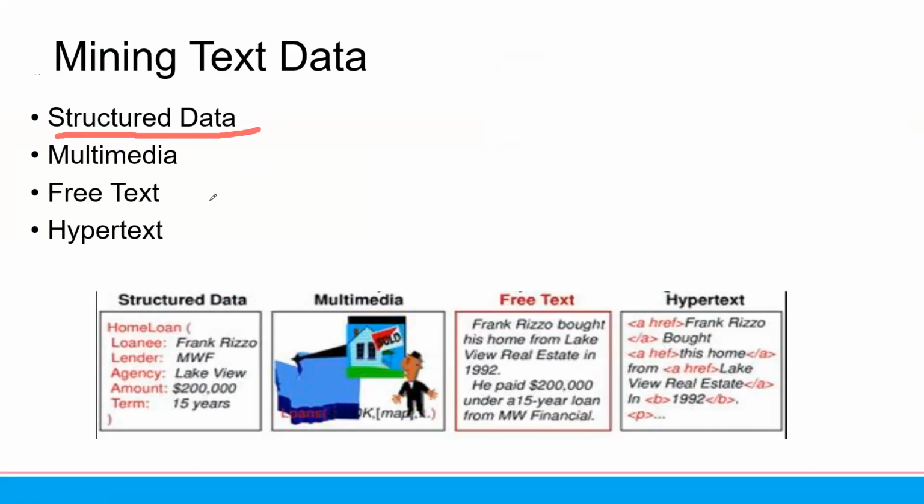Structured data means data like in a table. For example, a home loan: the person who loans the house, a lender who is the owner, an agency office, the amount of the loan, and the term. So you can represent this in a table.